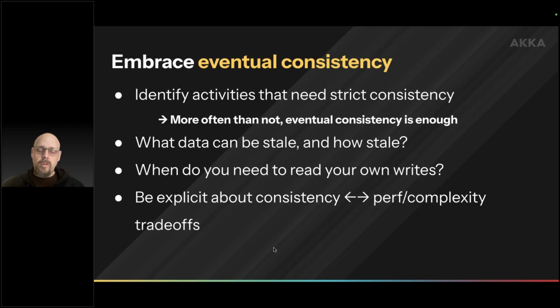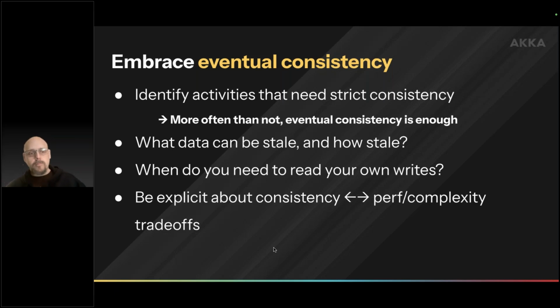We need to embrace the idea of eventual consistency. And eventual consistency essentially means that when I write data as part of somebody using my application, that change will eventually be visible to all the other parts of the application.